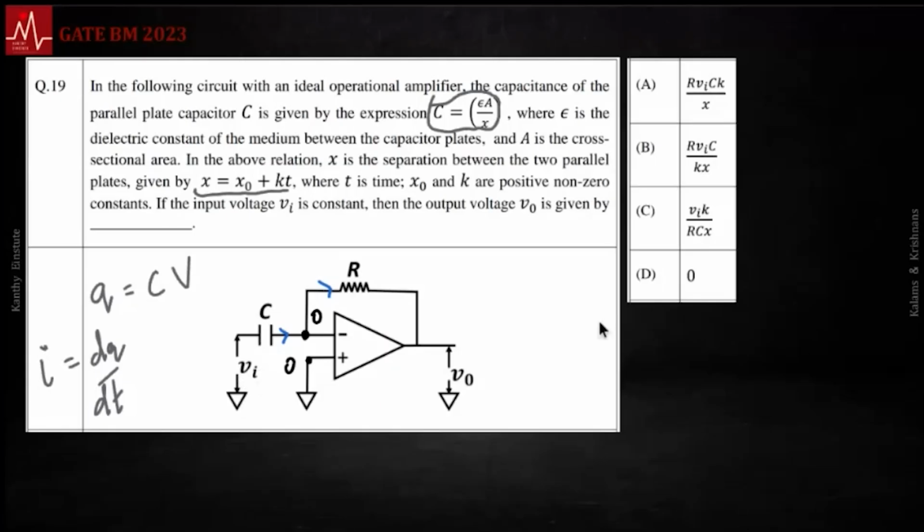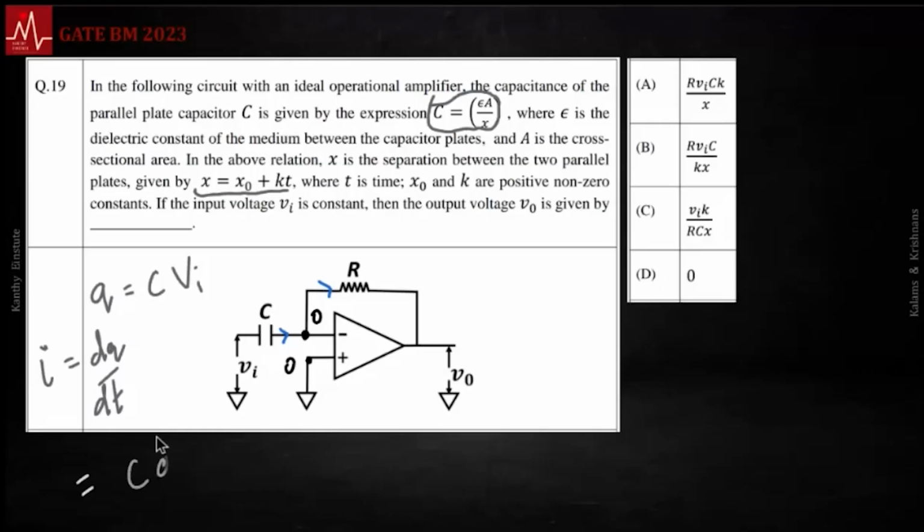Okay, what you get there, first important point, VI is a constant there. Okay? C is a function of time. So that makes it I equals VI dC by dt. We are used to this, right?